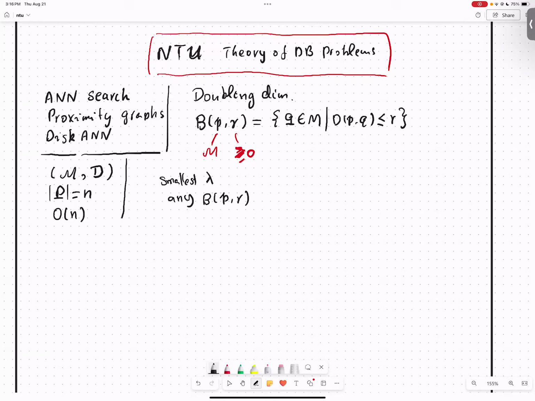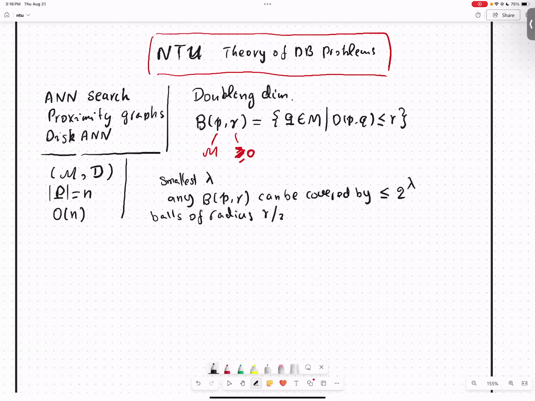Any ball can be covered by at most 2 to the power of lambda balls of radius r by 2. Let's try to make sure we understand all the concepts here.